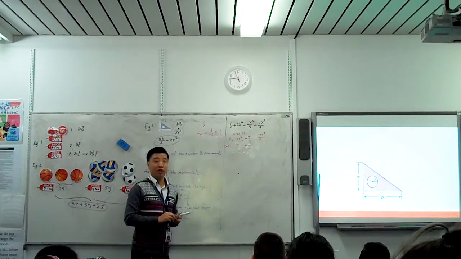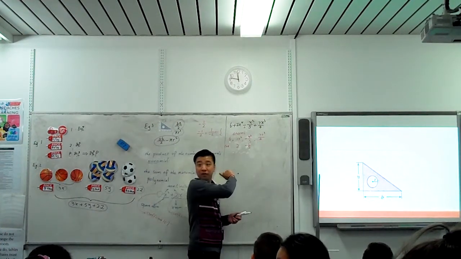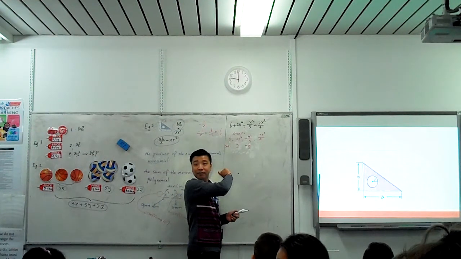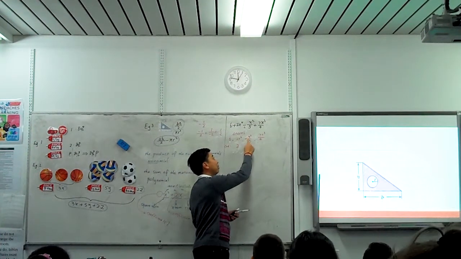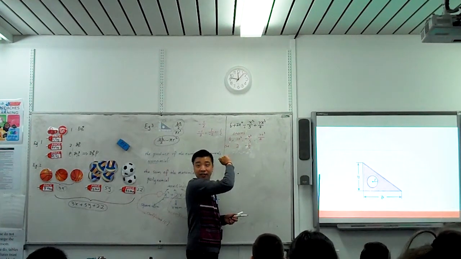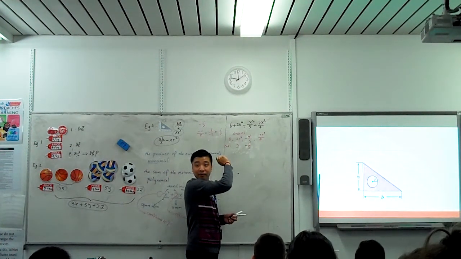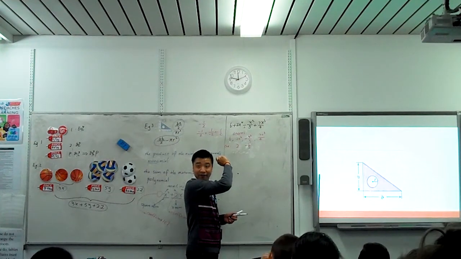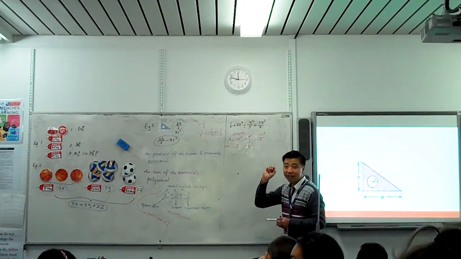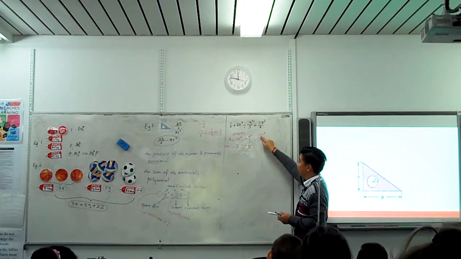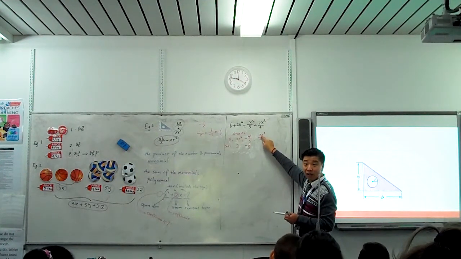Could you tell us what is the coefficient of this term? The coefficient of this one is negative 1 over 5. How about this one? Do you want to try? Is it 7? Is that 7 only? 7 over 4.